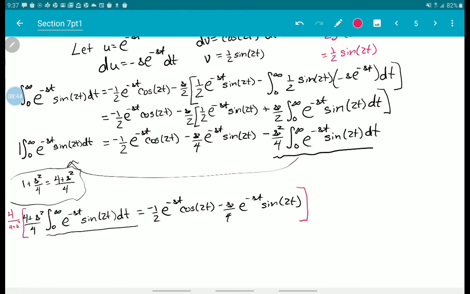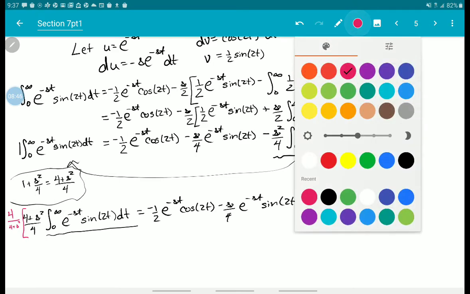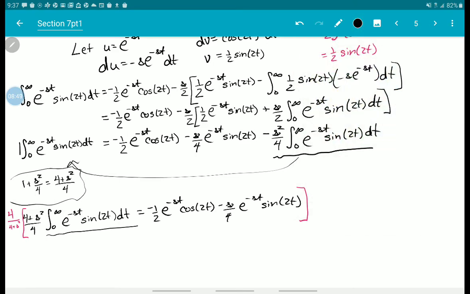So if we multiply by the reciprocal, then that's just going to give us a 1, which means we're going to have this integral by itself. If we multiply this by that negative 1/2, we're going to be left with negative 2 over 4 plus s squared times e to the negative st cosine of 2t.